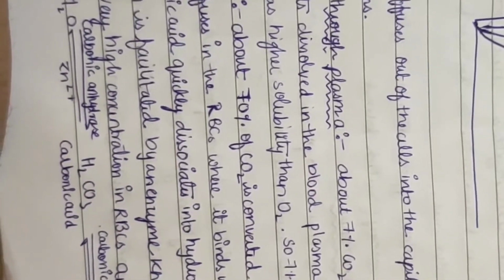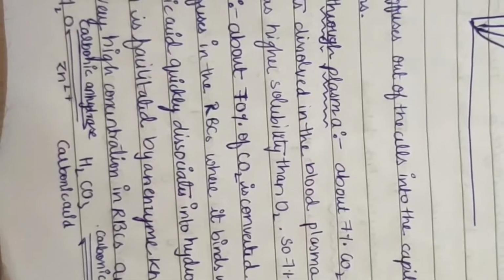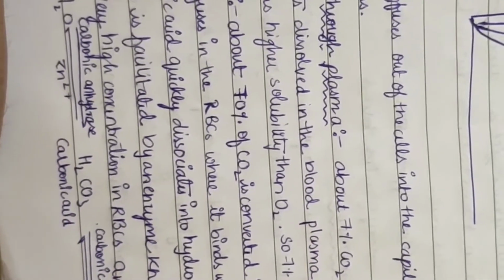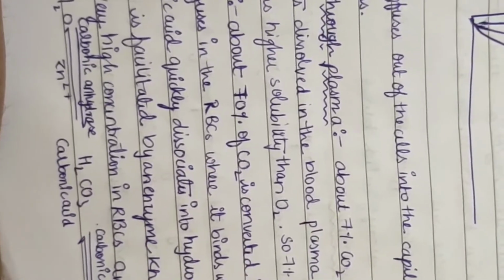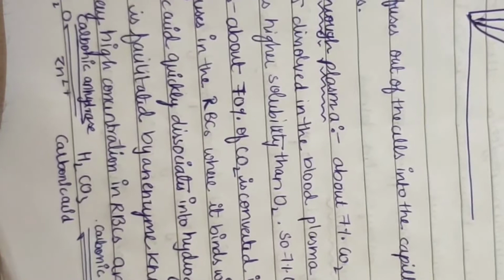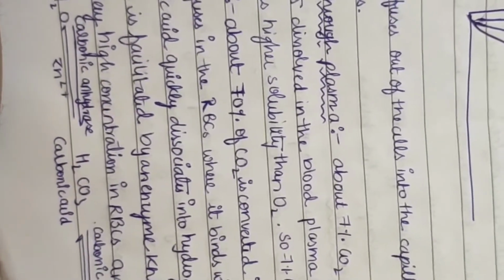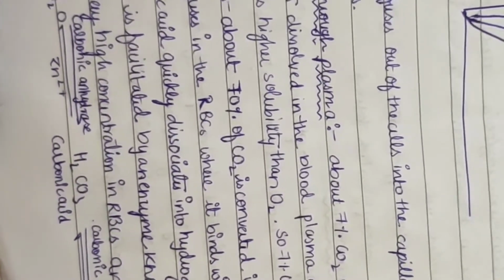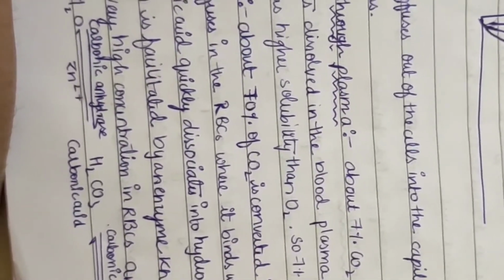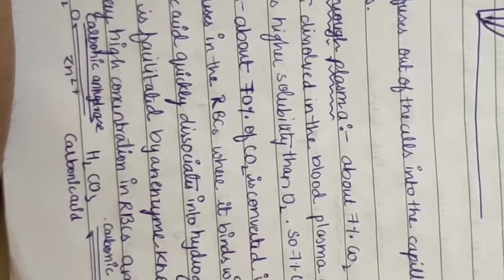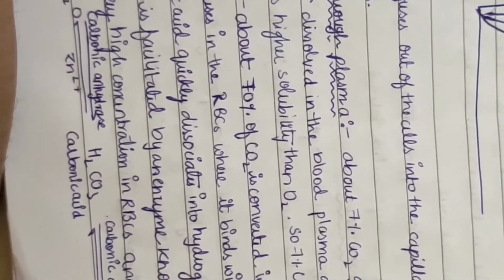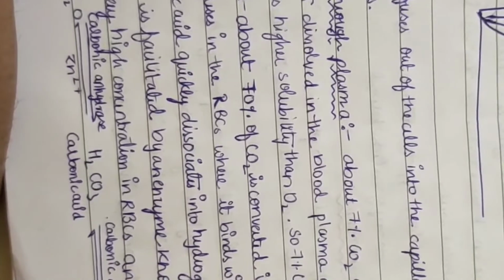As it is slow, the reaction is facilitated by an enzyme known as carbonic anhydrase, which is present in very high concentration in RBCs and in small quantity in plasma. For example, here you can see the reaction: CO2 plus H2O, with carbonic anhydrase, gives carbonic acid H2CO3, which then forms hydrogen ion and bicarbonate ion.